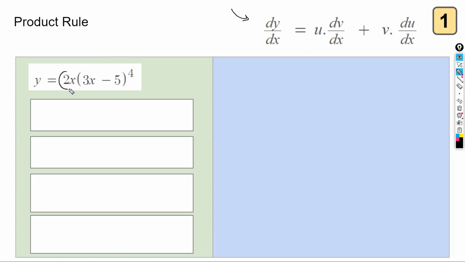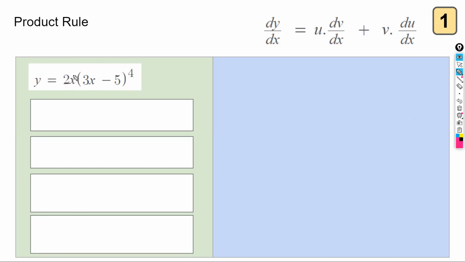Over here, we have 2x. And of course, there's a secret multiplier in between here. And over here, we have another group of x. Remember, the word product means to what? Multiply. So only use the product rule if you have two different groups of x being multiplied by each other.